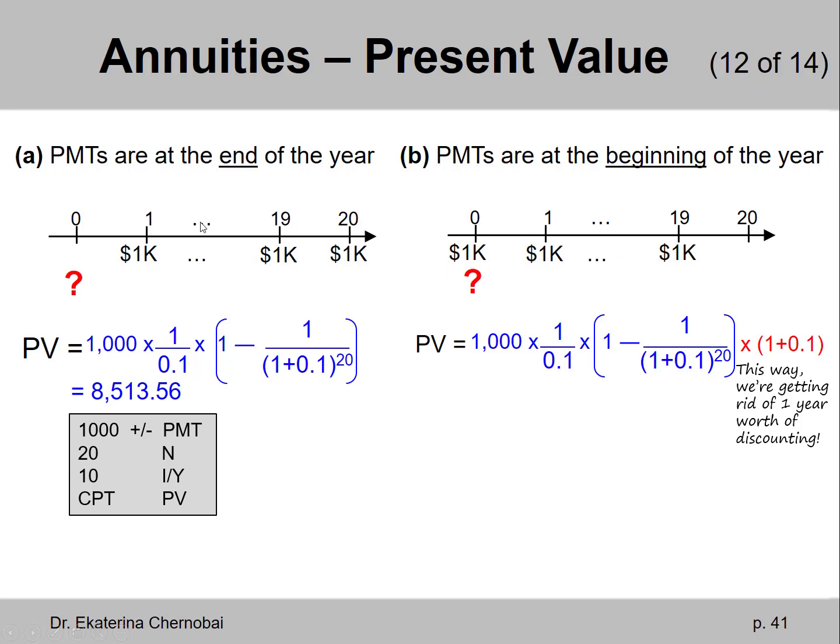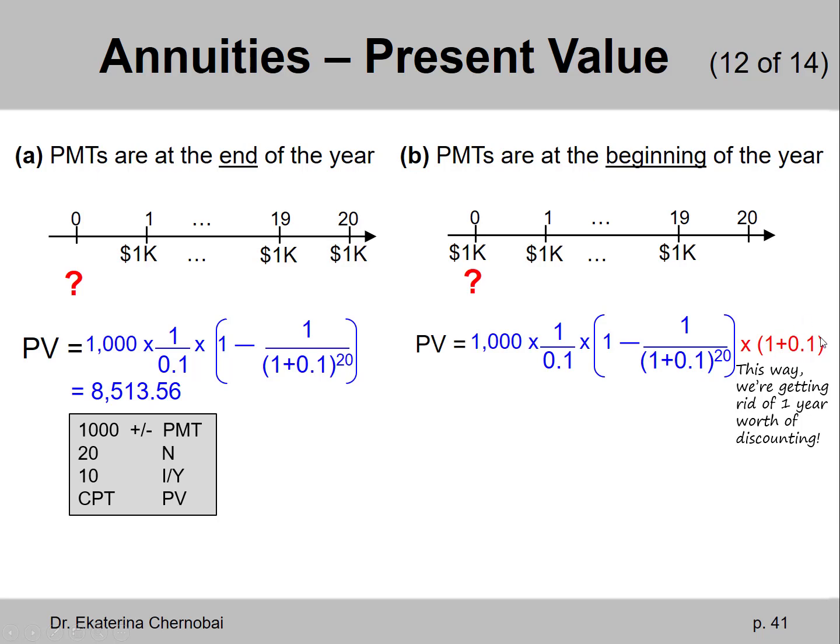They're not going to be discounted by 1, 2, 3, all the way to 20 years. They're going to be discounted by 0, 1, 2, all the way to 19 years. There's 1 year less of discounting for each of these 20 $1,000 cash flows.